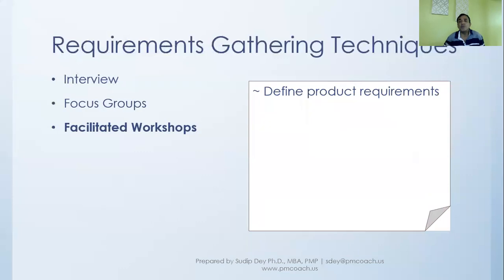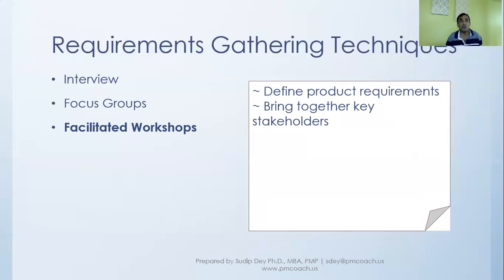And when you're defining product requirements, you might get participants from different business groups so that everyone can come together and provide you the input that is required to move through your project.